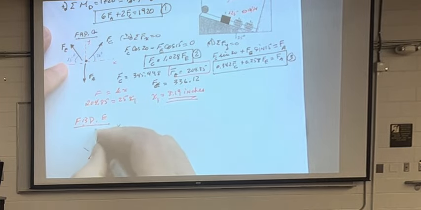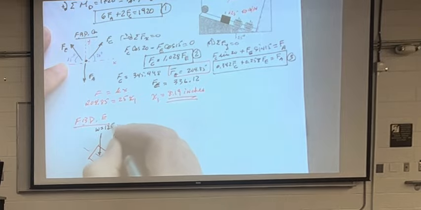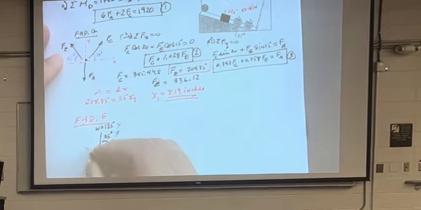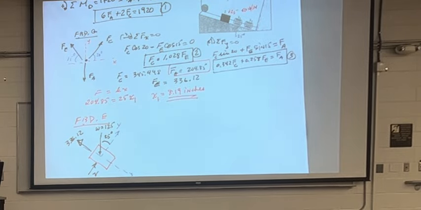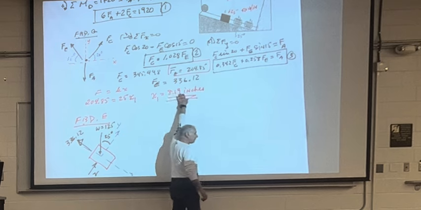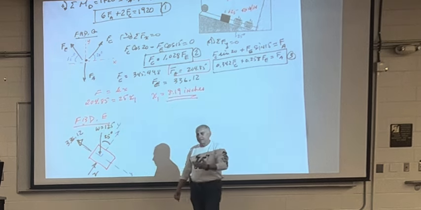Here's the weight, which I already know is 125 pounds. This angle happens to be the angle of the incline, which is 25. I know there's a 336.12 from FE that I calculated already from the previous. I'm carrying that with me.